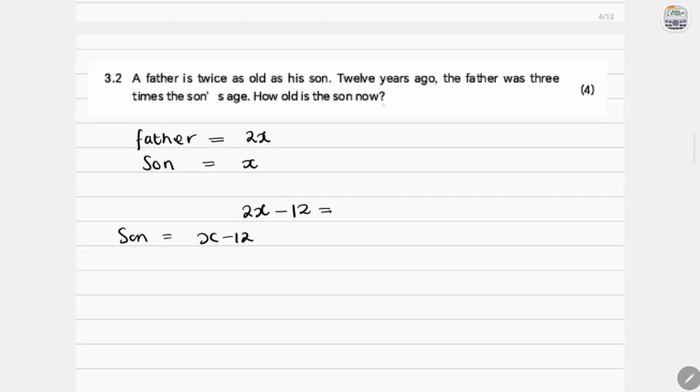And now let's read into that. They say 12 years ago. So 12 years ago, this is the father's age. This is the son's age. And they tell us that the father was 3 times the son's age. So whatever the son's age was 12 years ago, the father was triple of that. So the equation is actually 2x minus 12 is equal to 3 times x minus 12.